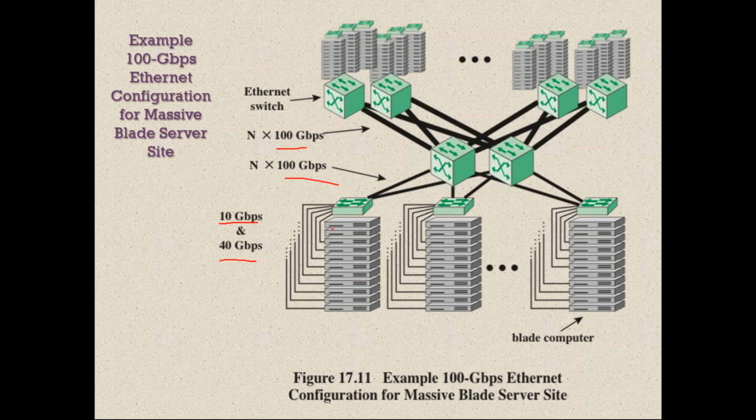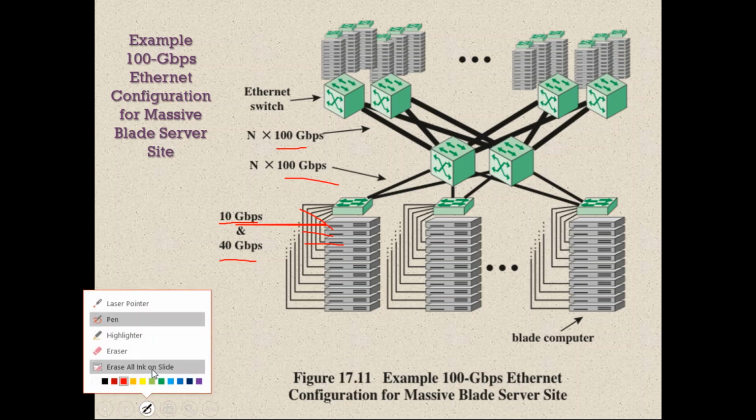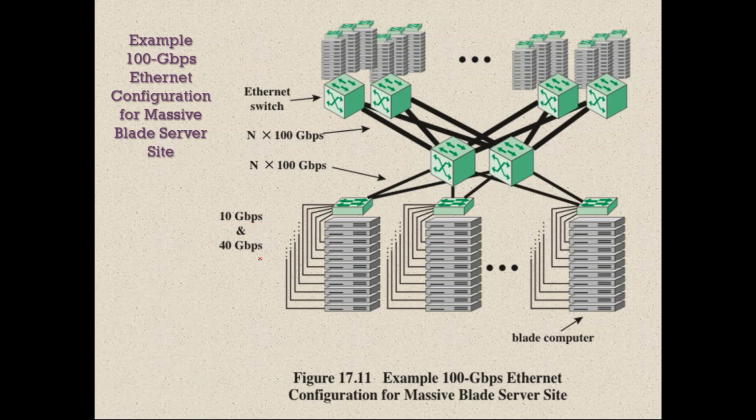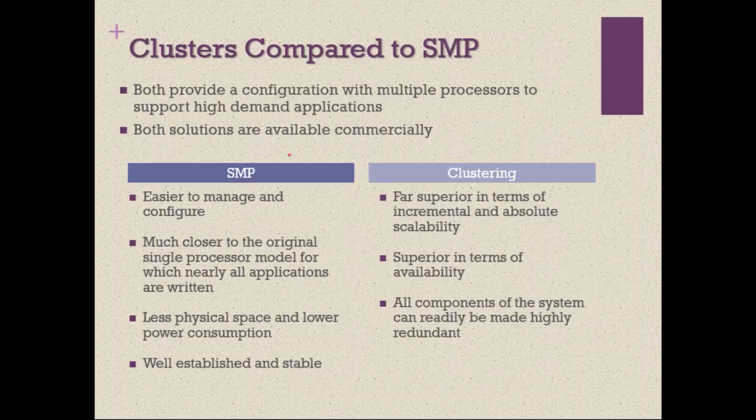Every computer is called a blade. Each blade will have its own processor, memory, and hard disks. Each blade can communicate with other blades at a data rate of 10 gigabits per second or 40 gigabits per second, and the switches communicate at the rate of 100 gigabits per second.